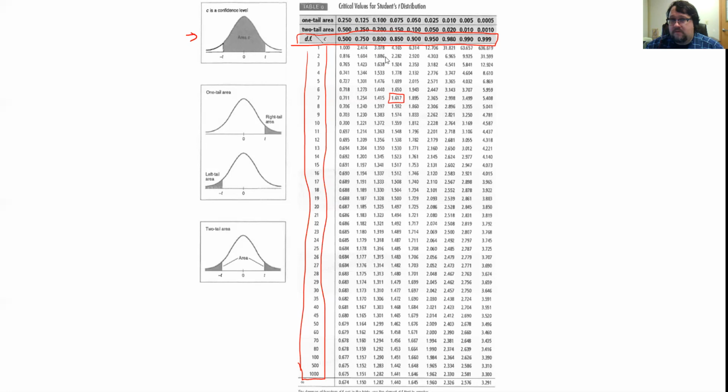Anything other than that, on this table, you might be able to estimate it. I would always go higher. Sorry, I would always get a higher t value. I would never get a smaller t value if I had to estimate. So if it said I wanted to be 97 and I had 7 degrees of freedom, I would go ahead and do 98 on the chart.